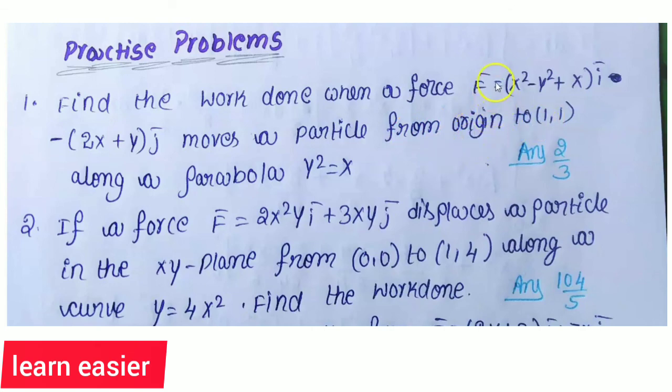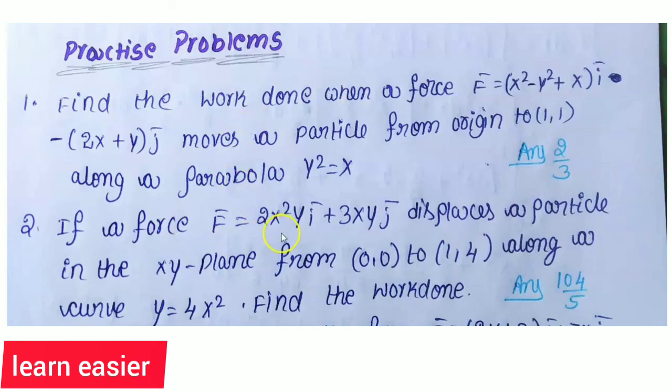So you can convert F bar in terms of x and dr bar in terms of dx, then calculate the integral of f bar dot dr bar and take the x limits, which are 0 to 1. So you can calculate the work done by calculating the integral of f bar dot dr bar.